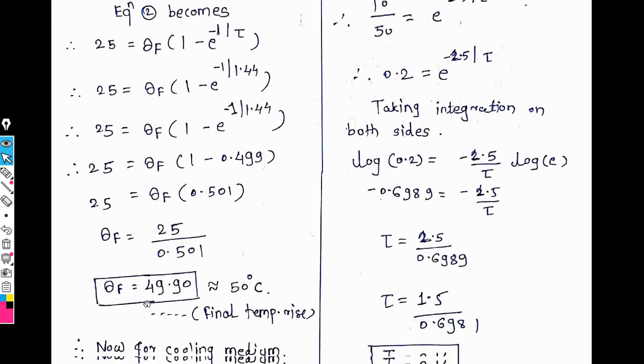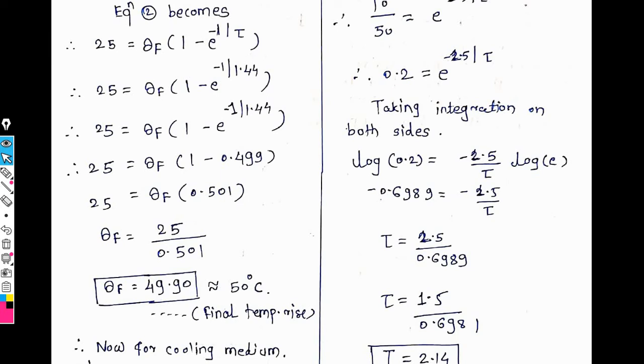Then we obtain the final temperature with respect to the heating time constant, that is theta f is equal to 49.90, is nearly equal to 50 degrees Celsius. Now this is the final temperature rise with respect to the heating time constant.